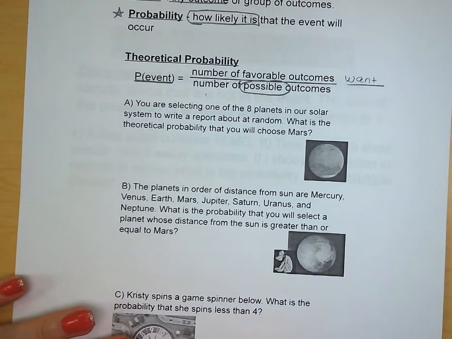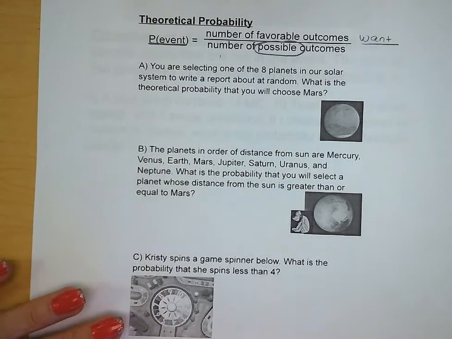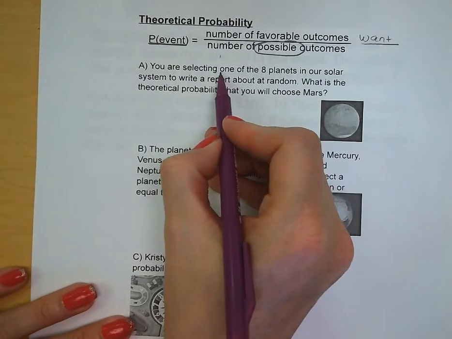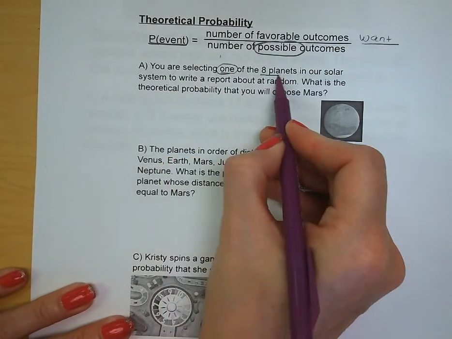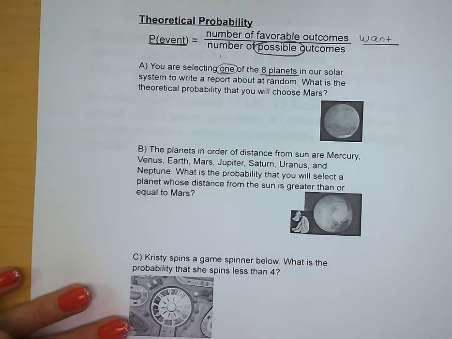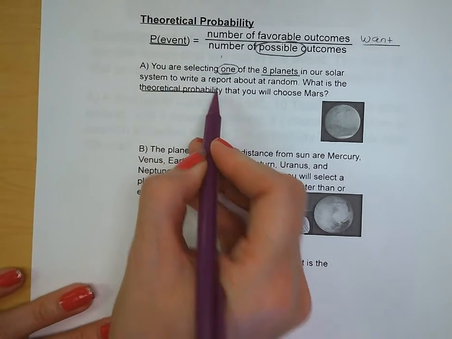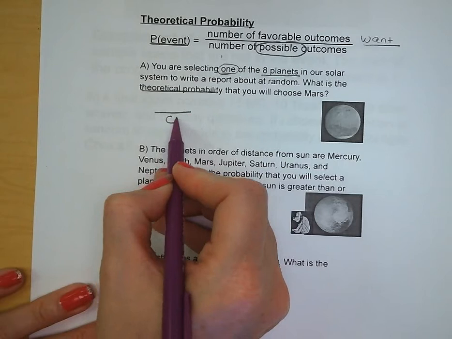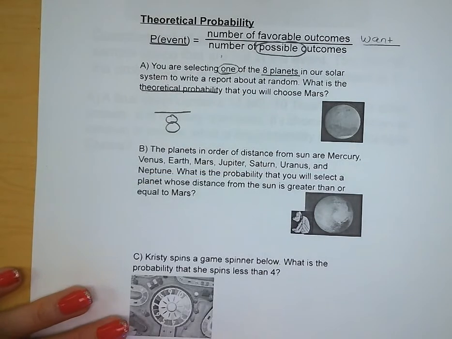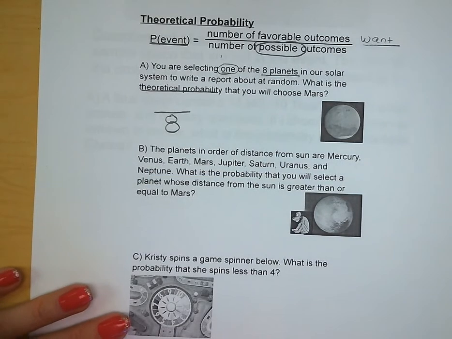All right, so our first question, you are selecting one of the 8 planets in our solar system to write a report about at random, and we want to know what is the theoretical probability that you choose Mars. Now, how many possible planets are there? There's 8. And we want to know what is the probability that we will get Mars.